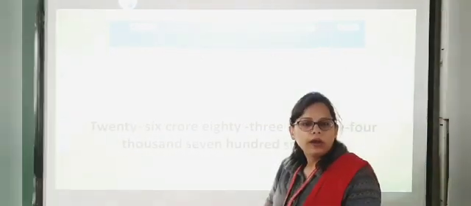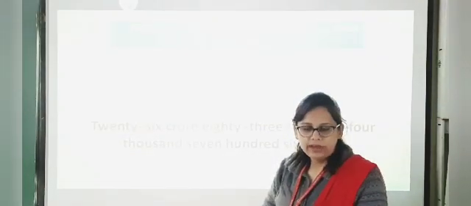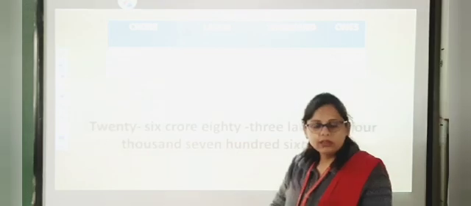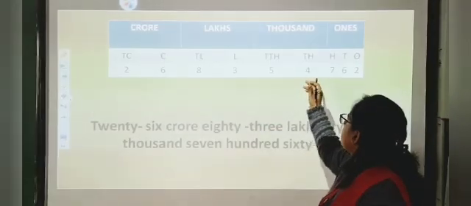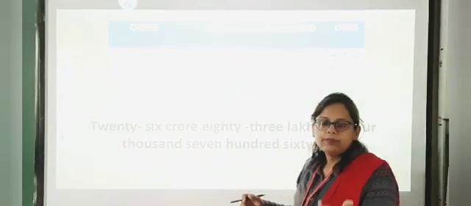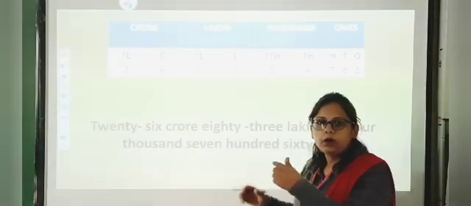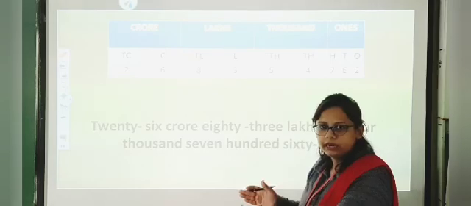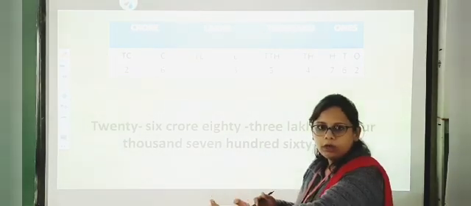So children, you already know the places and the place value. So what are the places of the numbers? As I showed you in the earlier slide, in the Indian number system we divide the number from the right side into groups of 3, then 2, 2 and 2.